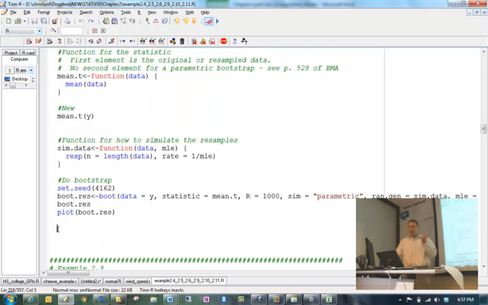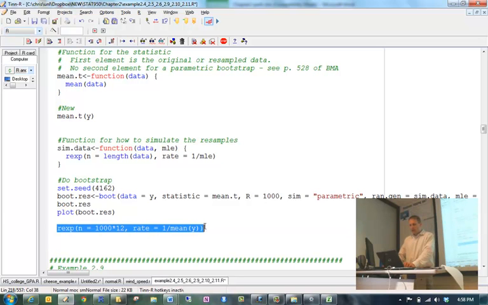So again, if you wanted to take, let's say, 1,000 resamples, you can say rexp n equal 1,000 times the sample size n, which was 12, and then rate equal, that's just the name of the parameter, would be 1 over the mean of y. That's how you could take your resamples.